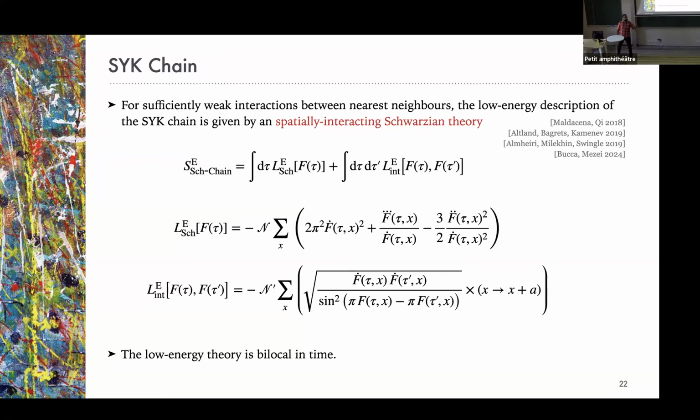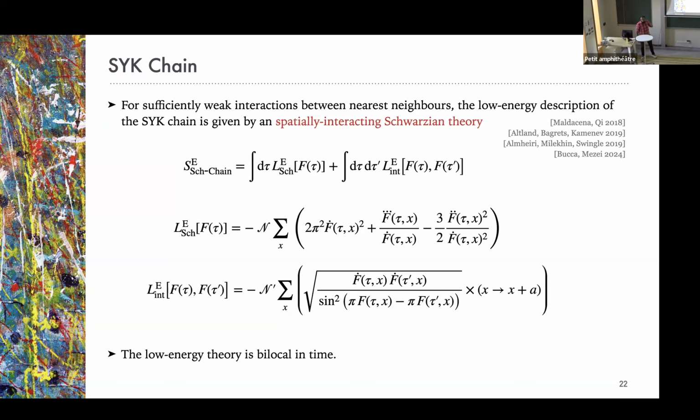So the theory in this form is not local in time, it is bilocal in time. And there's an interaction term which you can explicitly write down in terms of fields. Okay. So for the analysis that I am interested in, I will take this as a starting point. I want to take this theory and weave it onto the Schwinger-Keldysh contour to be able to derive my Schwinger-Keldysh EFT at the end.